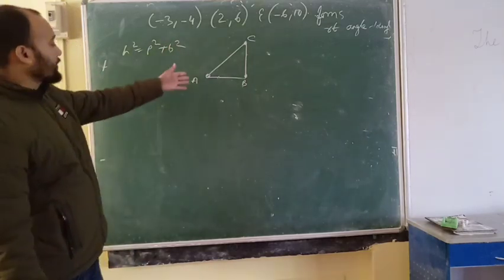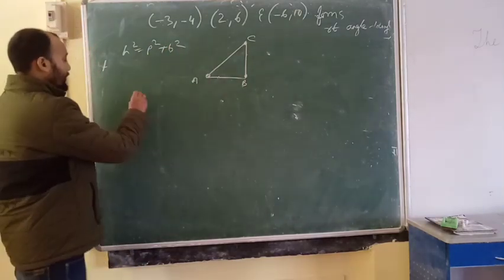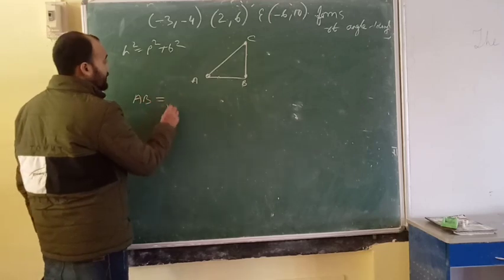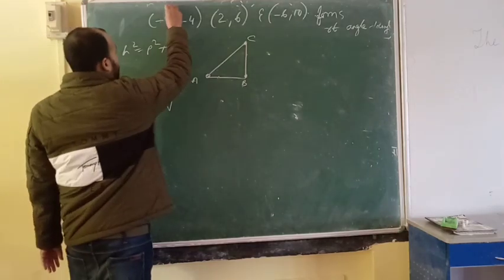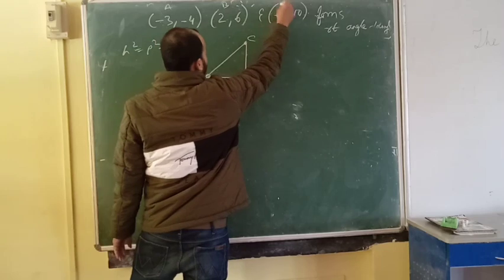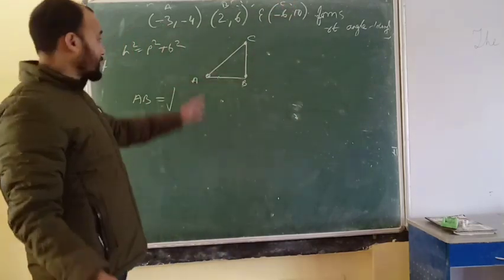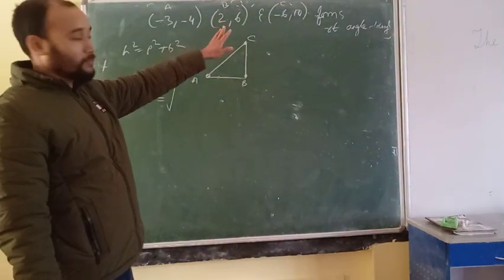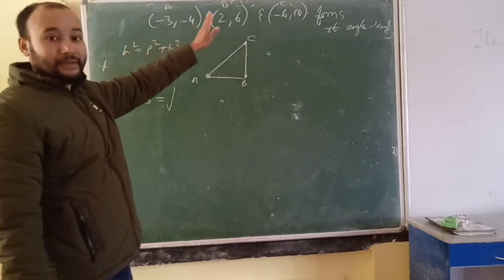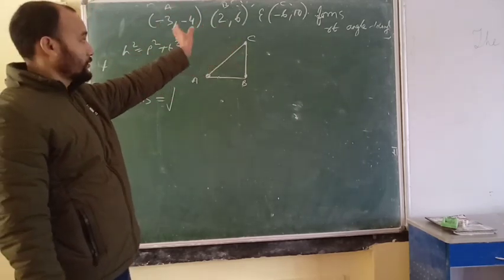And if you are able to find this, then you get the answer. Find AB. AB is not given directly. Suppose this is A, this is B, here is C. So kindly do not mix up whatever is given. It will be given in a particular form.